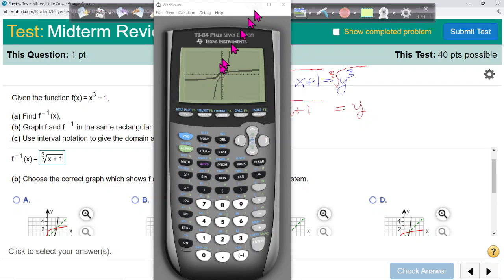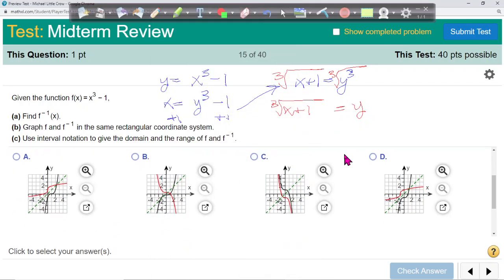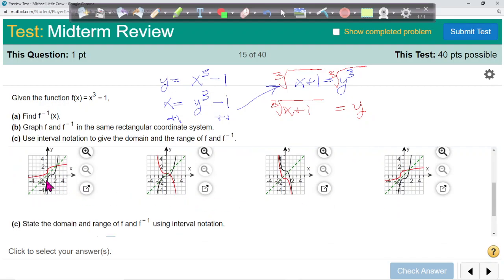Let's put this down, kind of freeze that in your mind. Let's see if we can pick that out. Yeah, sort of, but I think it certainly was not one of this or this. They make it so close. Let's see, what's the difference here?